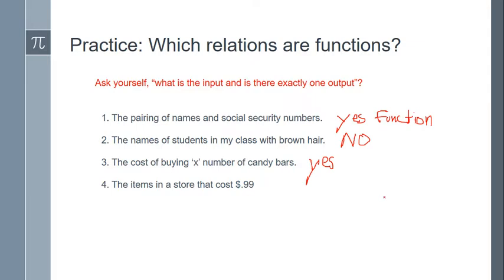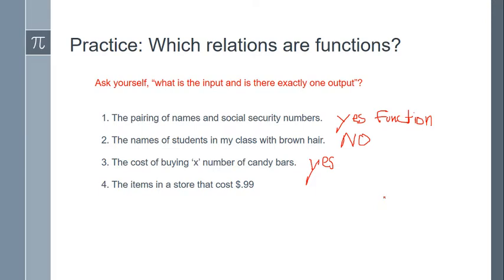All right, so how about the items in a store that cost 99 cents? There are 2 ways it depends on how you read this question. But to me, I'm putting in the input 99 cents, that price, and then the output is all the items in the store that cost 99 cents.